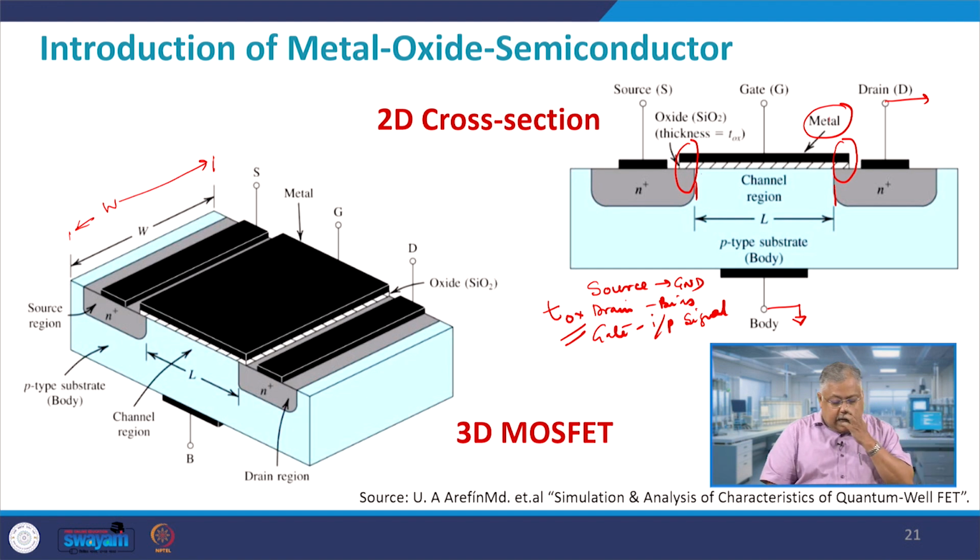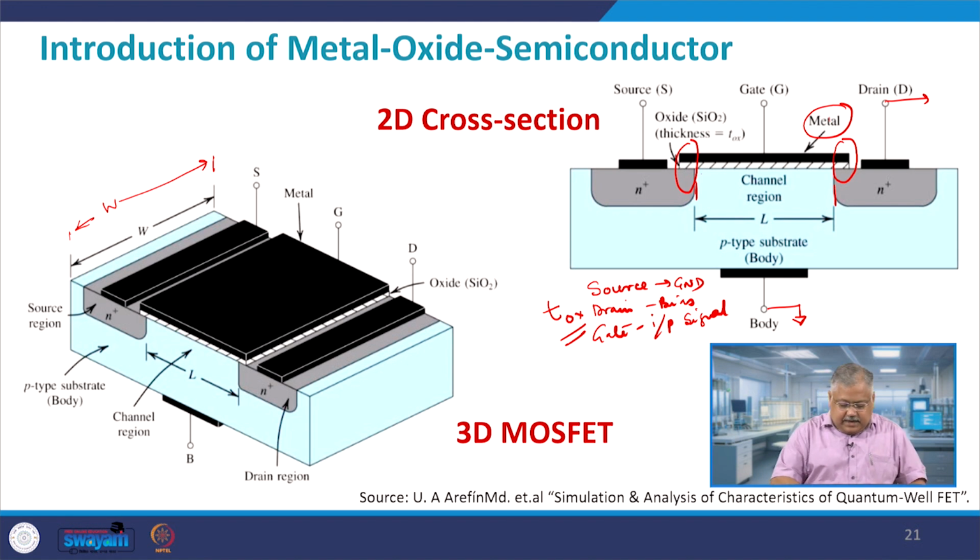The source, drain and gate are shown in this region. This is one MOSFET, and there will be another MOSFET nearby. We can separate them by using a thick oxide layer, so that there is no shorting between the two gates. But at this stage I need to look into this part.